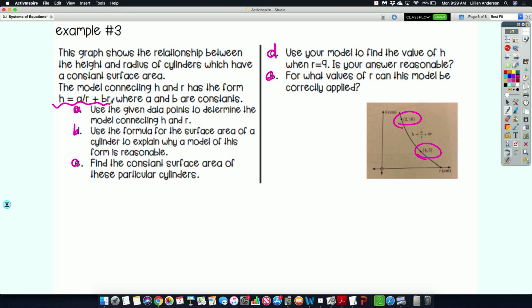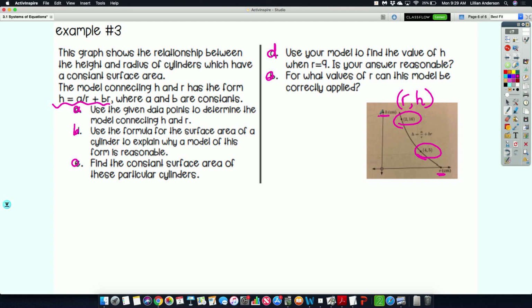2 equals R, and 16 equals H. You can also look here. The horizontal axis is R, the vertical axis is H. Technically, that's x and y.